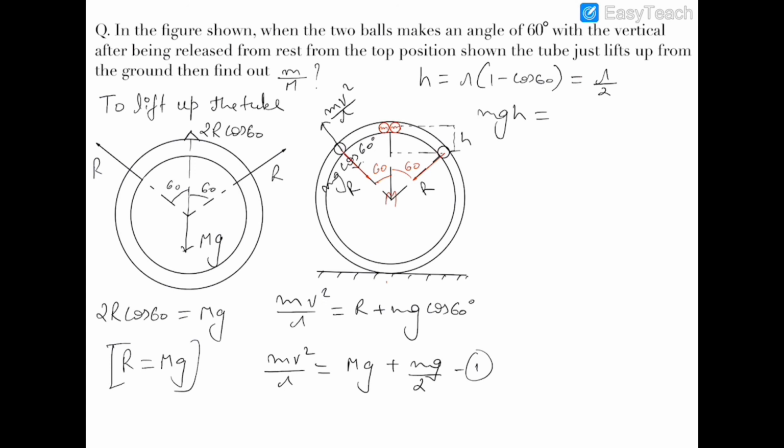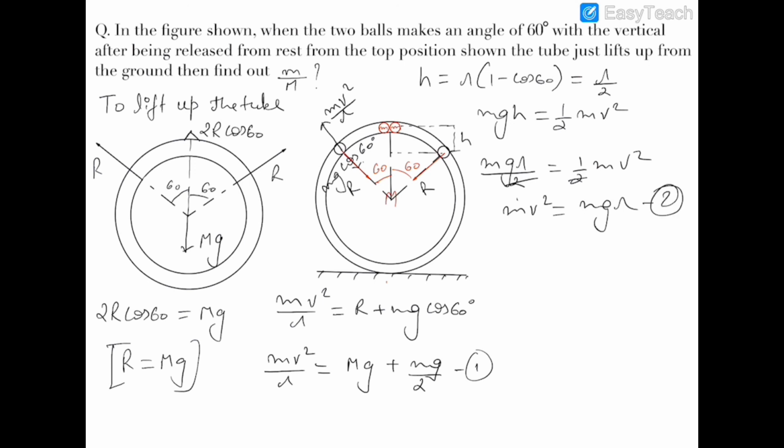That would be the source of the energy, which is half mv square for the balls, and therefore mg r by 2 is equal to half mv square. So mv square will be equal to mgr. Now this is equation number 2.